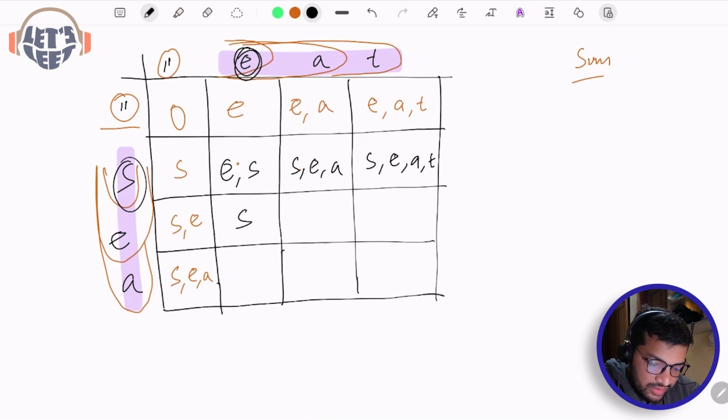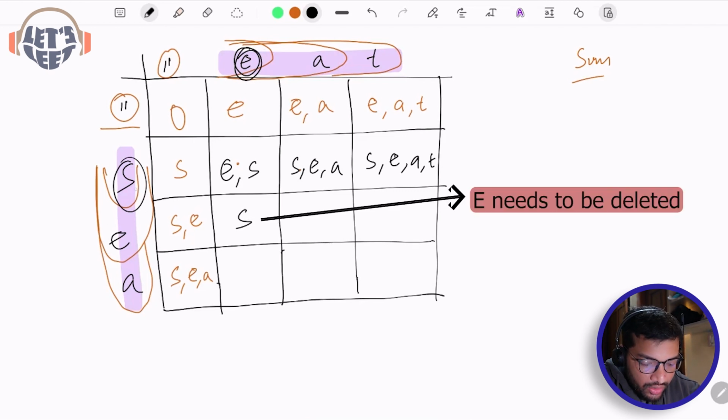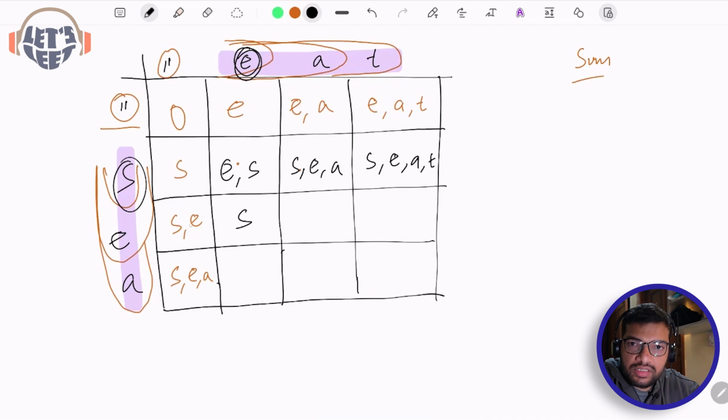Why? Because this cell represents the cost of making E and SE equal. In that case, only S needs to be deleted, so I'll write S here. But understand this, if the adjacent cells are equal, the diagonal value will be copied directly. You can verify it for any value here.